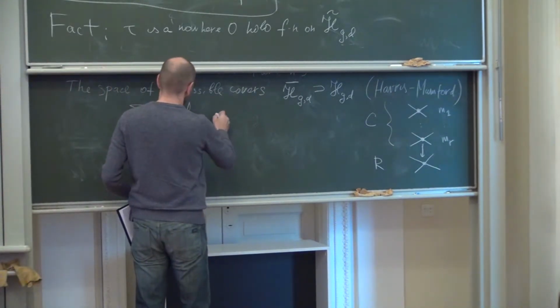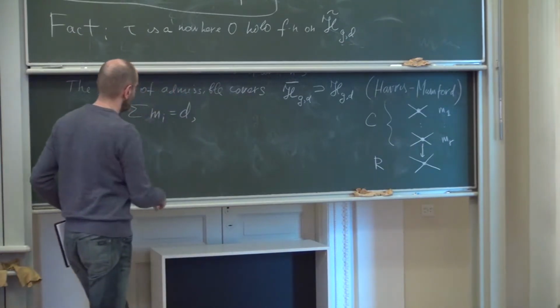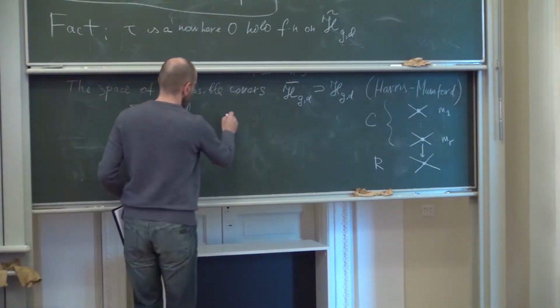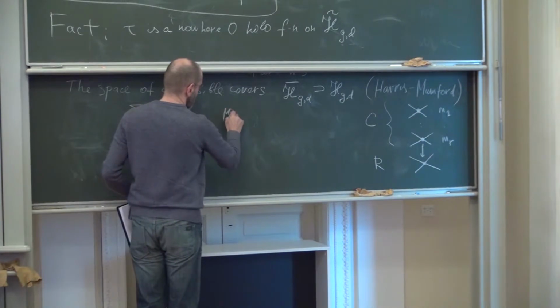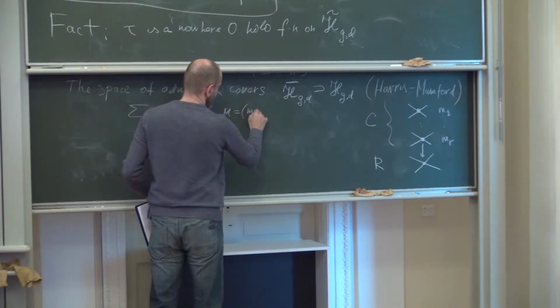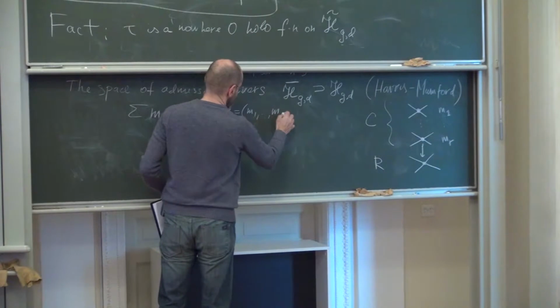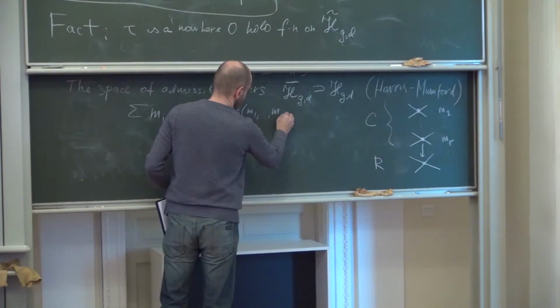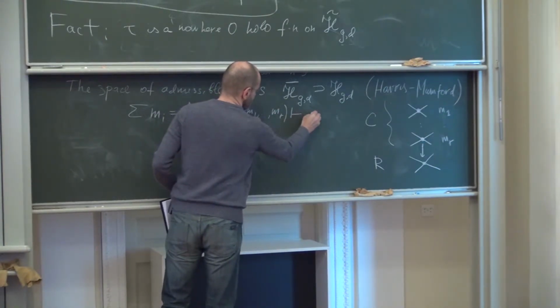So the set of numbers mi is a partition of d. Let's call it mu. That's a partition of d.